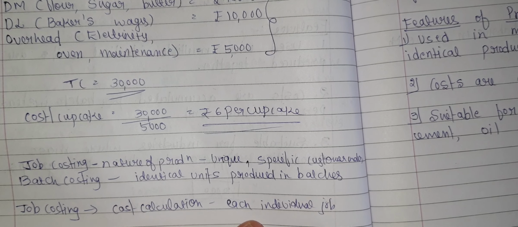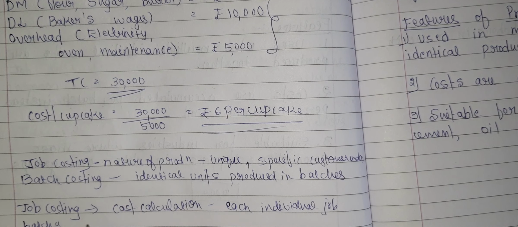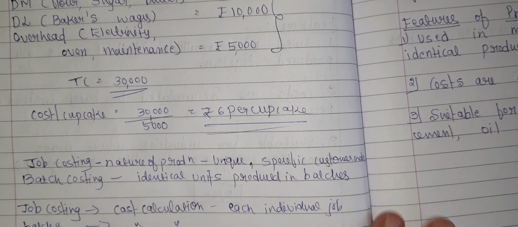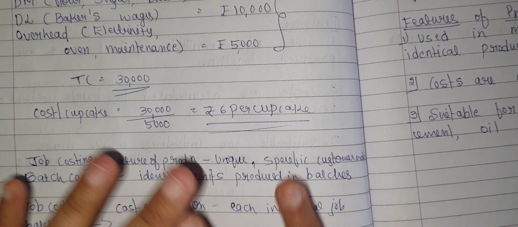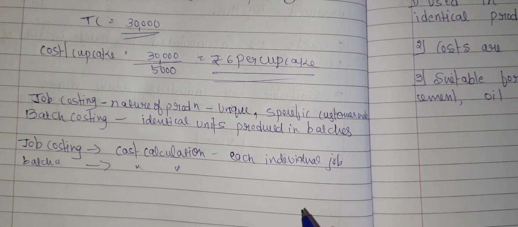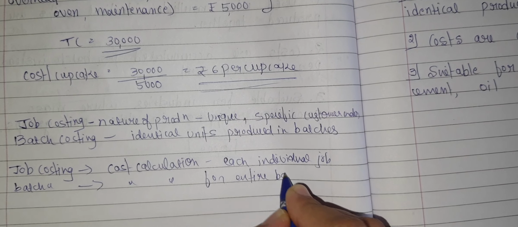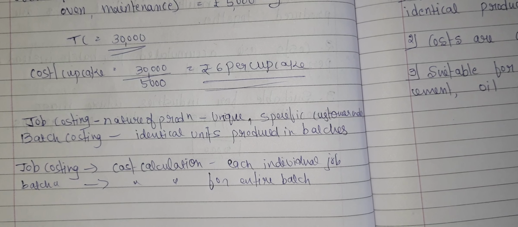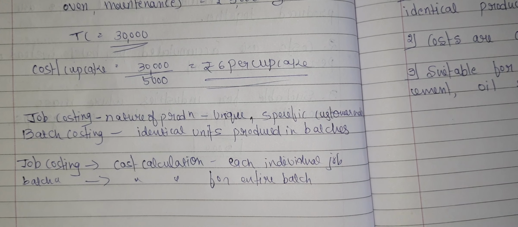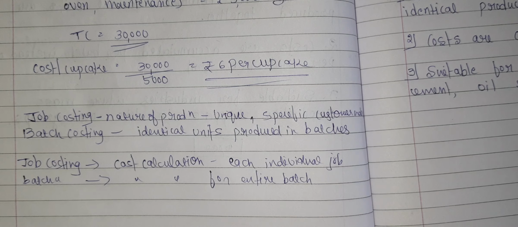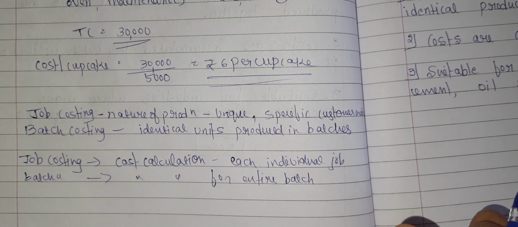But in batch costing, the costs are accumulated for the entire batch and then divided among the units. Clear? These are the main differences between job costing and batch costing.